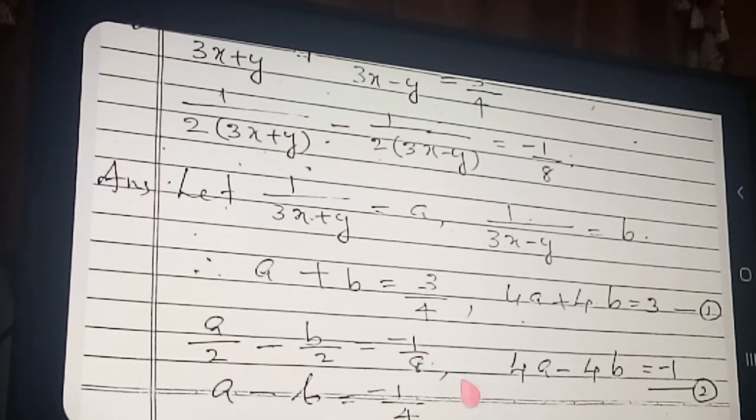Either you cross multiply, anything you do, I want to get the correct equation only. Here I divided throughout by 2. So then what you got? A minus B is equal to 1 by 4. Okay. So cross multiplying by 4, 4A minus 4B is equal to minus 1. So you got equation number 1 and 2.